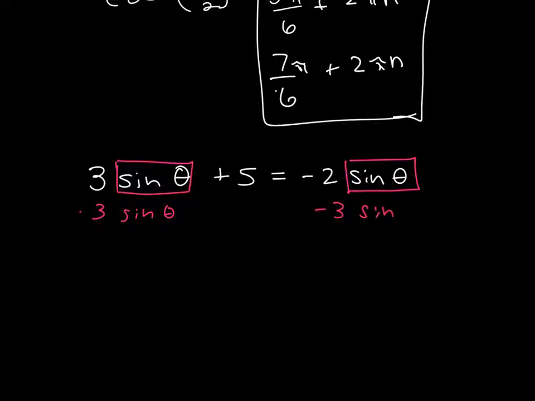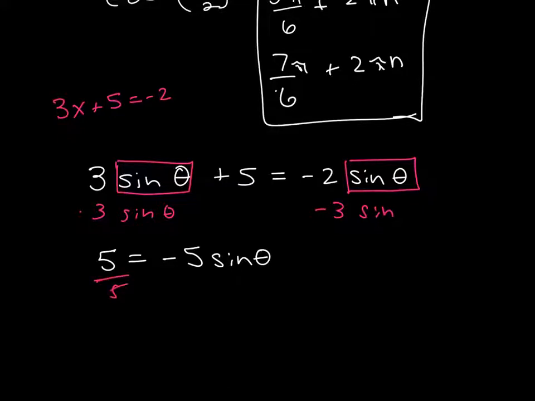It does help to think about this equation as the same thing as saying 3x plus 5 is equal to negative 2x. When I do that, I'll have 5 is equal to minus 5 times the sine of theta. So after you divide both sides of this equation through by negative 5, you're going to end up with negative 1 is equal to the sine of theta.